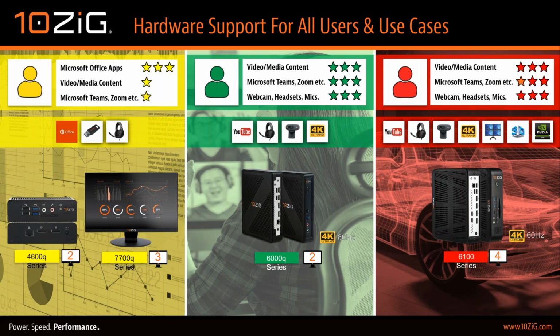The 6000Q handles everything that the Task Worker can do and more, and typically suits heavier multimedia use and full Teams audio and video experience. And last but not least is the 6100 that comes under the Power Worker banner, with its ability to run everything the previous categories offered, with the option to support 4x4K displays running at 60 Hz.